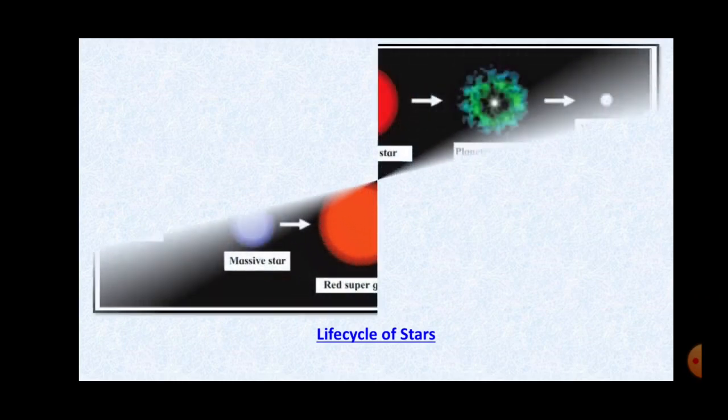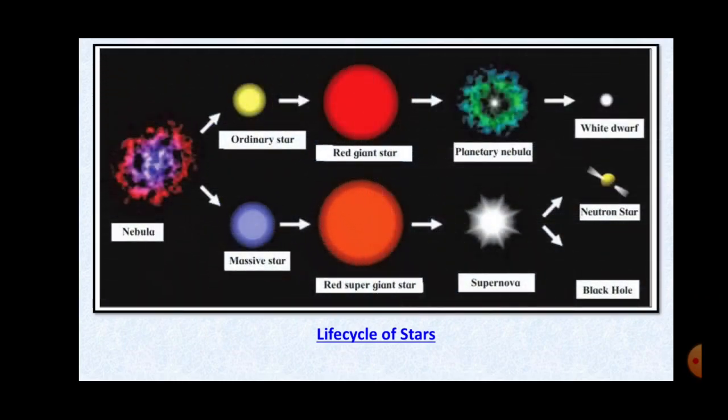Now, in this lesson, we are going to study about the life cycle of the star. The star is born from the interstellar clouds, and from these interstellar clouds or the nebula, the stars are born. Now, the stars are born due to two processes, as you can see in the picture.